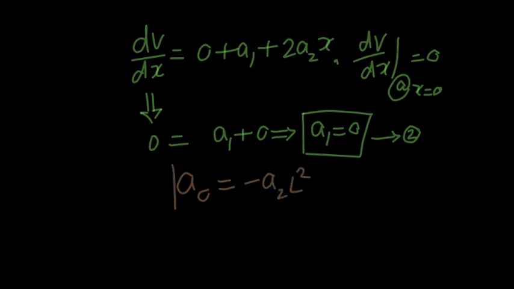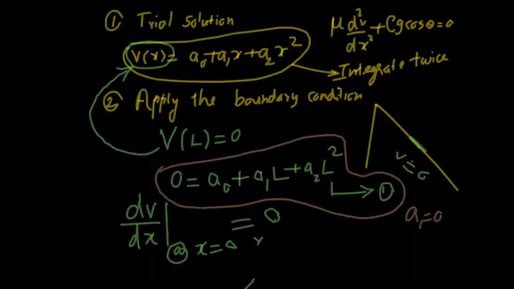Well, I got the value of a0. So by applying the second step, which is applying the boundary conditions, I am able to get the value of a1, and I'm also able to get the value of a0 in terms of a2. Now all I have to do is modify my trial solution, the first step.